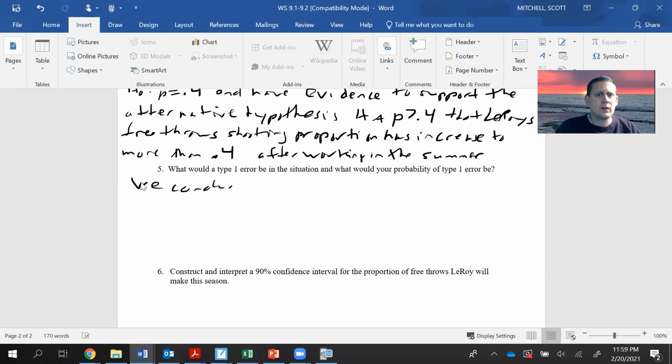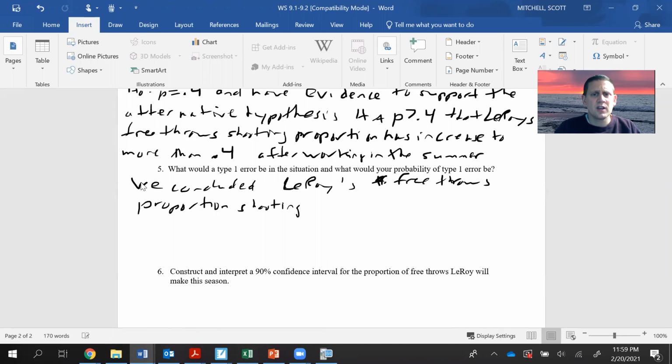So type 1 error would be saying we conclude Leroy's free throw proportion shooting has improved when it actually has not.